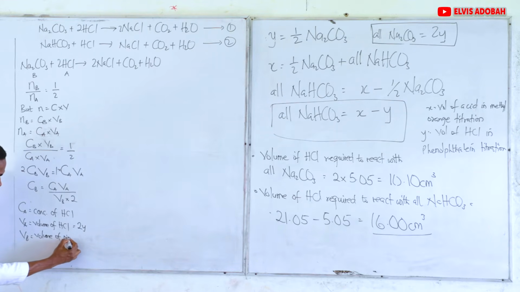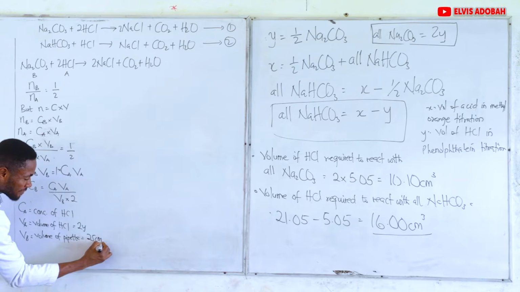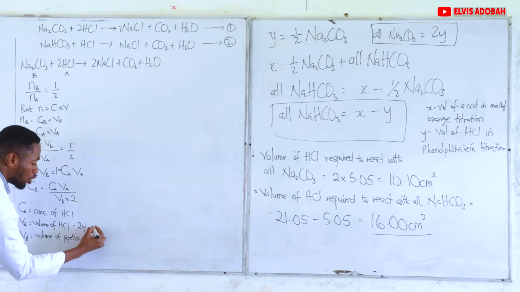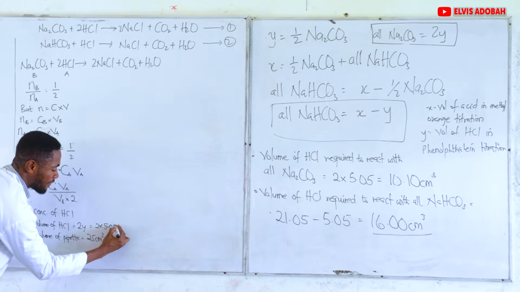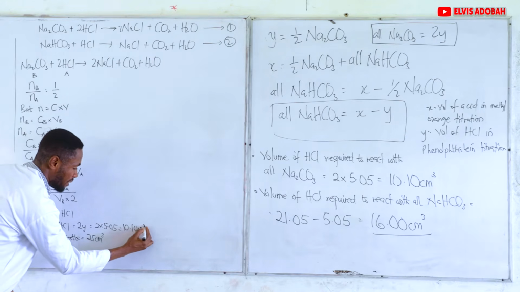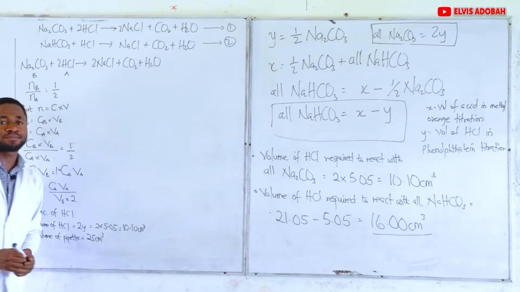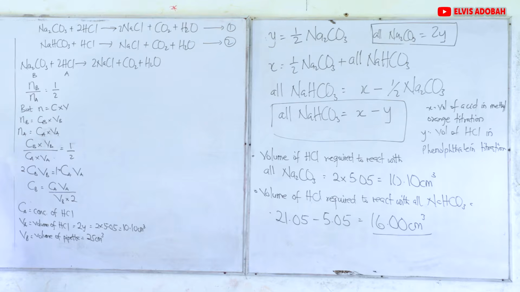Volume of pipette. And that one we use 25 centimeters cube. Pipette. That's what we used. And we had 2Y. Y represents our average titer in the phenolphthalein titration, which we got to be 5.05. So 2 times 5.05, that is equal to 10.10 centimeters cube, which we've already calculated over here. I hope you are following.